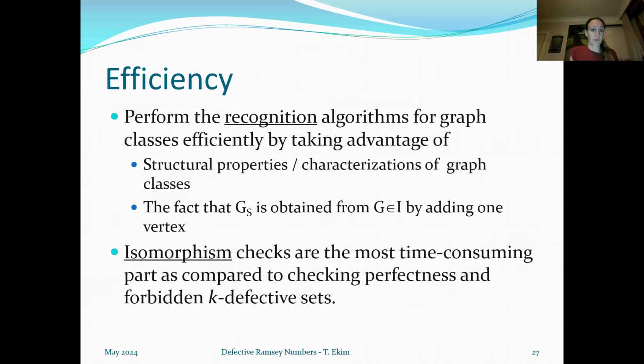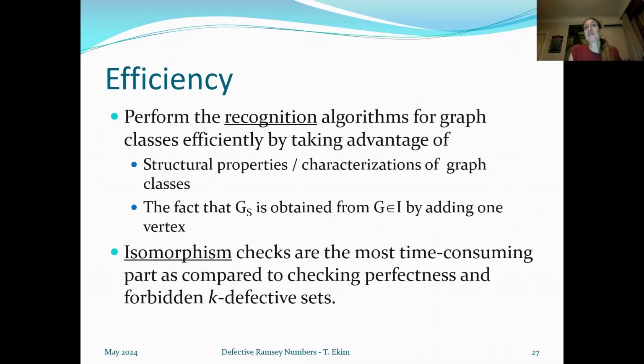Okay, to implement this in an efficient way, we need to perform the recognition algorithm for the graph classes efficiently. And to do so, we need to take advantage of the structural properties and characterizations of the graph classes. I'm going to give two examples where we can do this very efficiently using such characterizations.